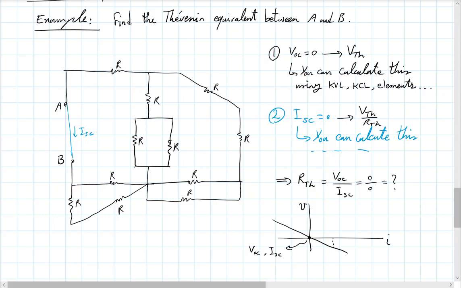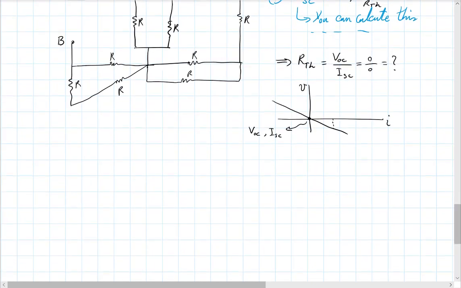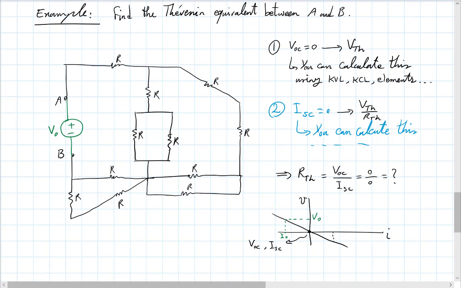So I will do this maybe in a different color. So if I want to find the slope, let's say I'm interested in this point. Let's call this V naught and I naught. I will apply a voltage V naught and calculate the current I naught. Now, what's the direction of that current?